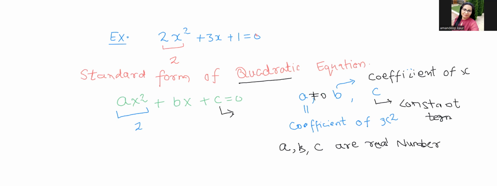Now let's have a few examples of the standard form of the quadratic equation. Let me take two examples. Let's say the equation is 4x square plus 3x plus 2 equal to 0.